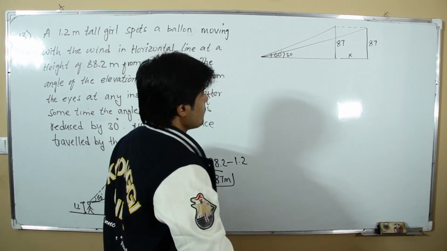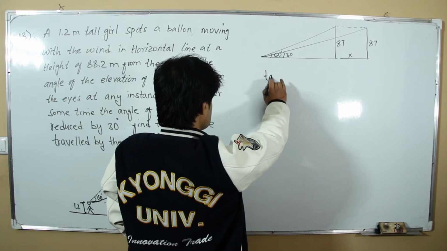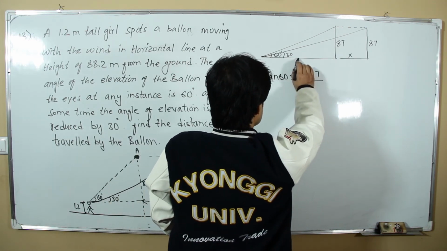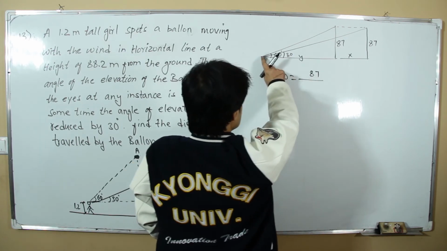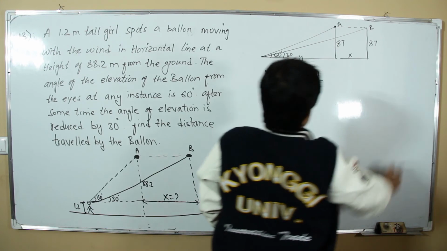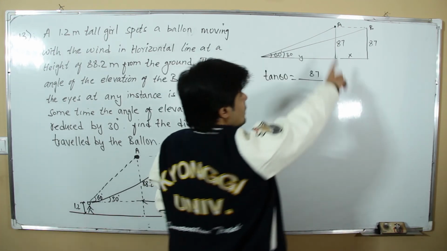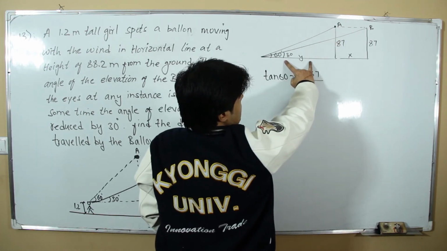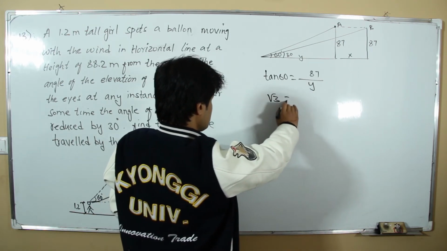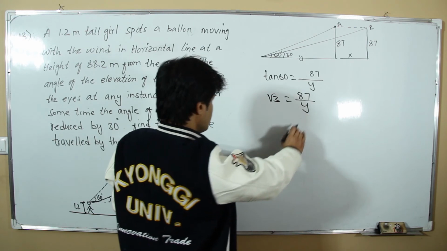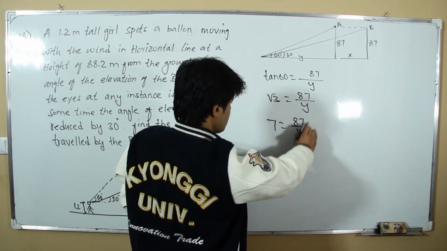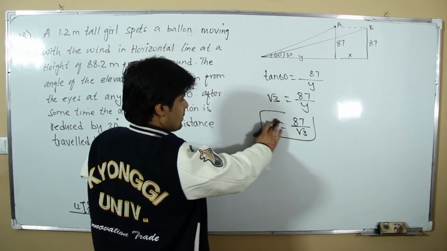What should we do? Once again, tangent of 60. It is 87 divided by this part. This is A, it's B. Opposite divided by adjacent. This one is root 3, 87 by y. So y is what? 87 divided by root 3. This is y.